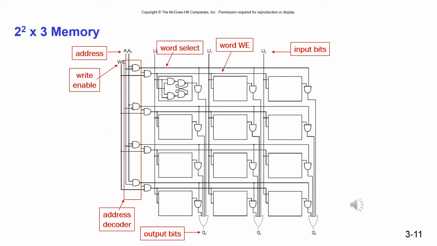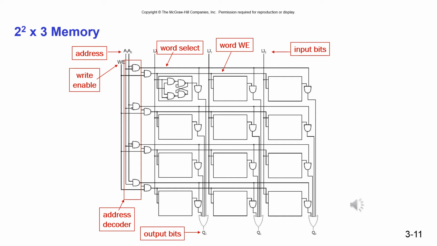You can see why, as we start to represent larger structures, we have more abstraction in our diagrams. This is a diagram depicting a 2 squared by 3 memory. 2 squared is 4.